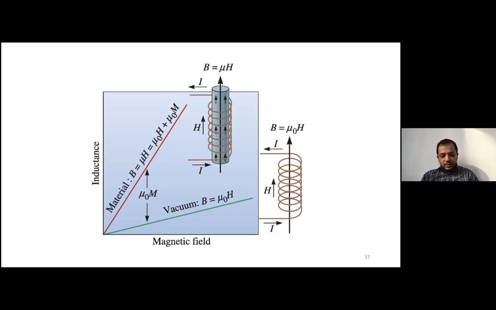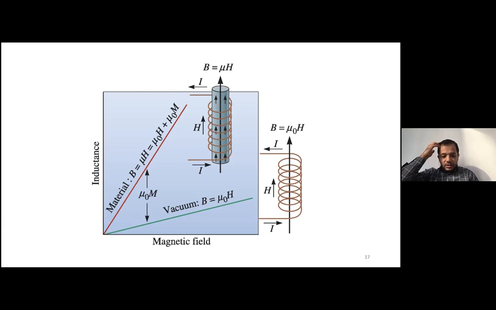So if we put, say, iron, that we discussed earlier, in the coil, we get a boost of magnetic field, as if iron amplifies the field compared to when the iron is not in the coil, and there's just vacuum in the coil.